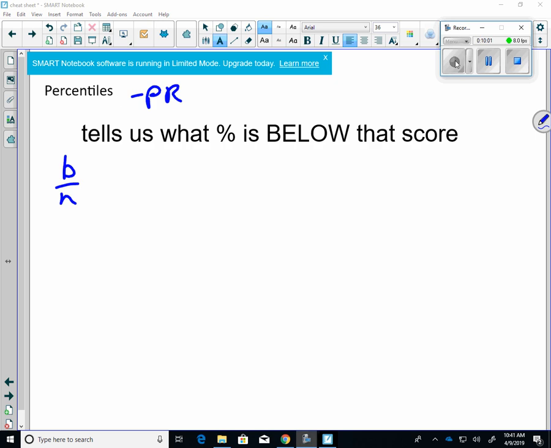So B over N, what does the B stand for? It's the number that are below, right? It's how many are below.